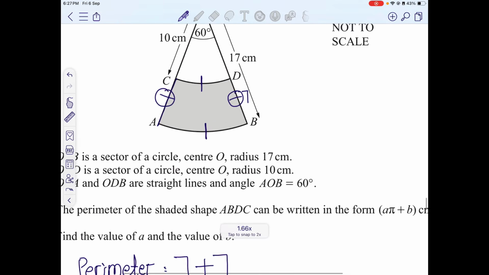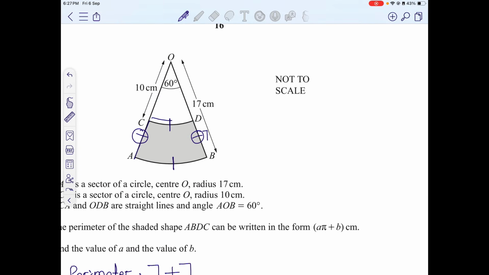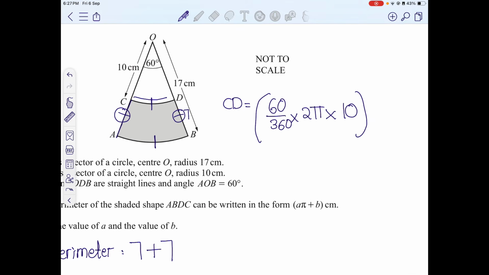Now, in order to find the length of DC, or basically this CD length, I can simply use my formula, that is 60 over 360, which is the angle, into 2 pi r. 2 pi r is the formula for the circumference, and r is 10. I would simply keep it like this, and in order to find the length of AB, again I would use a similar formula.